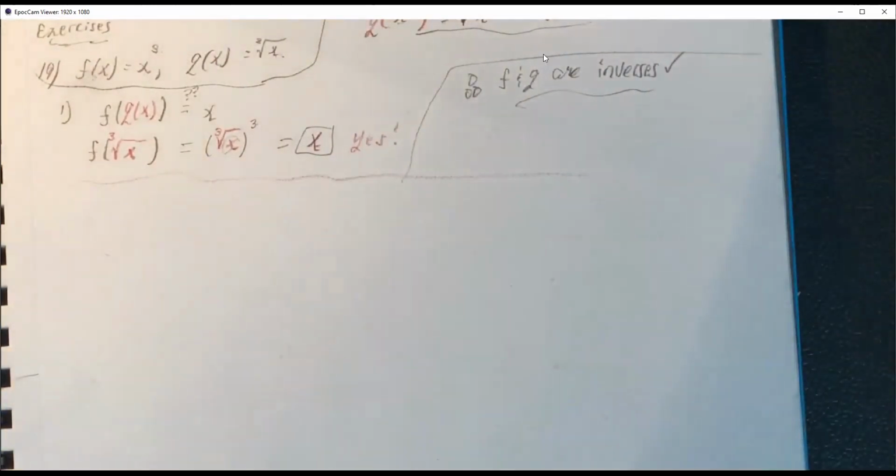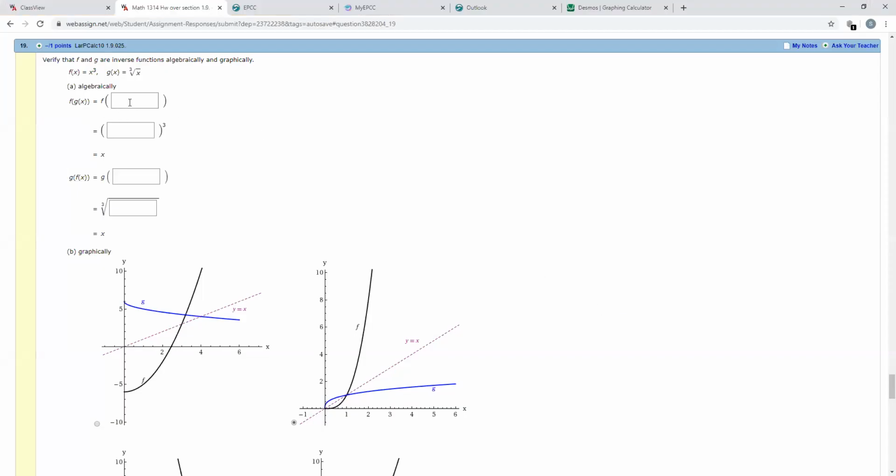If we go back to WebAssign, then they want us to fill these boxes in, and this was the first one: put g of x into f. Well, without repeating myself, this is the range expression for g of x, so we put that there. And I want to find, where is it here? Functions, maybe. Yeah.